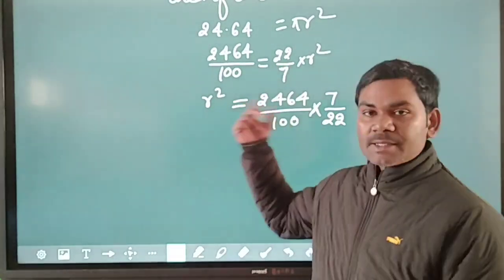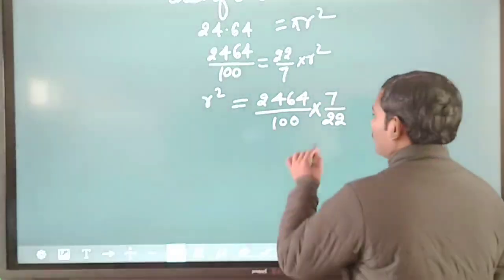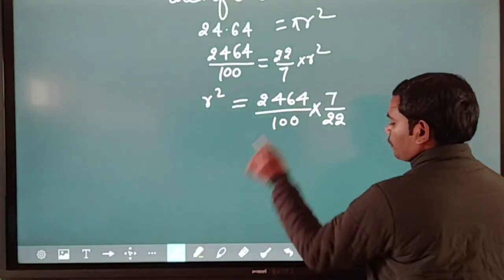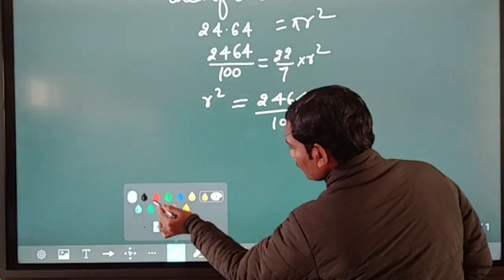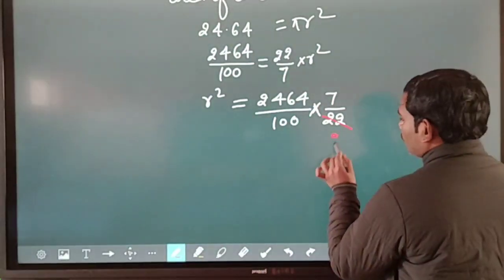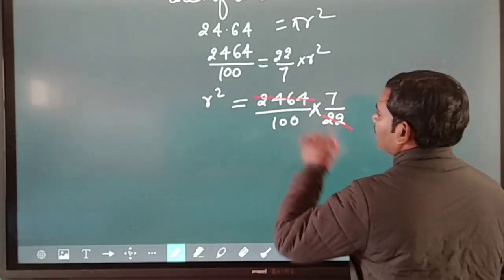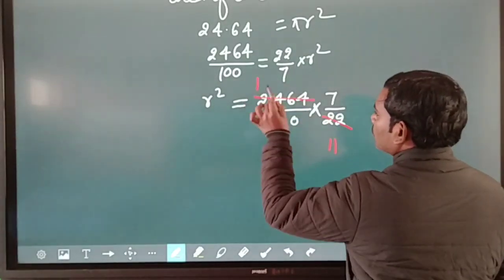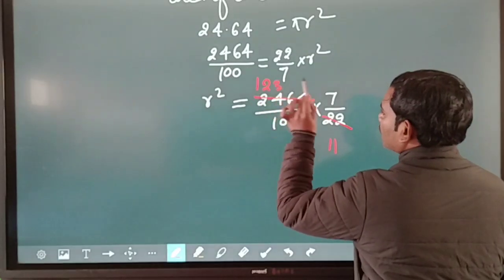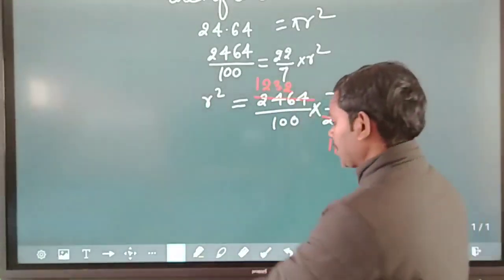So 22/7 becomes 7/22. Now divide 2464 by 2. 2 2s are 4, 2 11s are 22, and divide it by 2. 2 1s are 2, 2 2s are 4, 2 3s are 6, and 2 2s are 4. Is that clear?